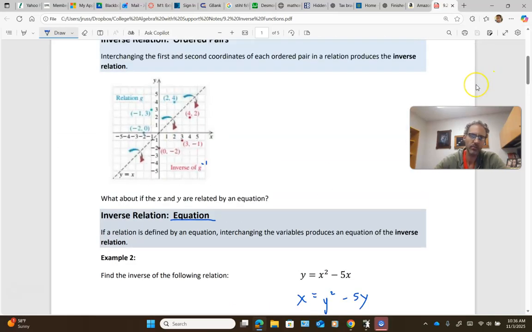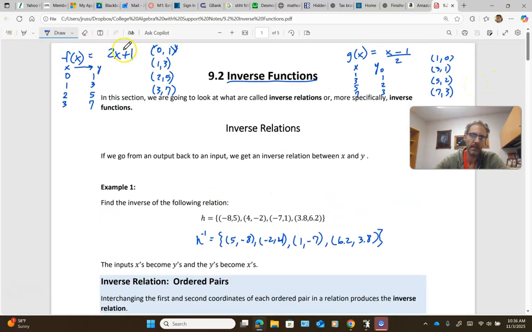So this function right up here at the very beginning, I just made this up, 2x plus 1. Was there a guarantee that it would have an inverse? That there's another function out there that'll do just the opposite, map all these y's right back to their x's, the way g did? And the answer is no, there's not a guarantee that every function will have an inverse.